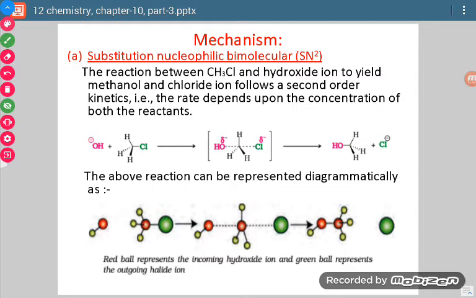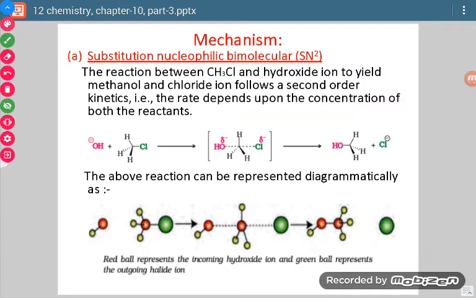And the third thing is that both the reactants, the alkyl halide and the nucleophile, have their role in the order of reaction, or we can say in the speed of the reaction. So their concentration matters.